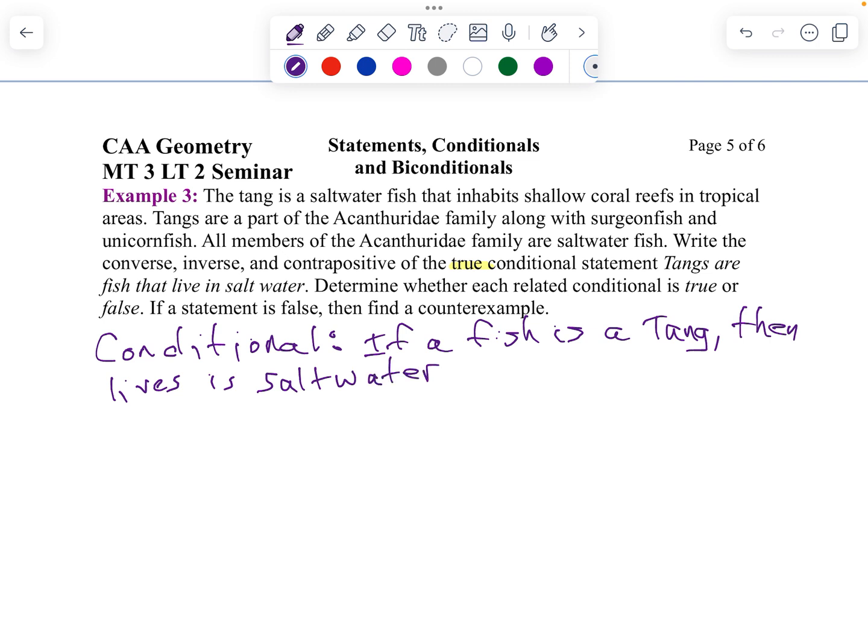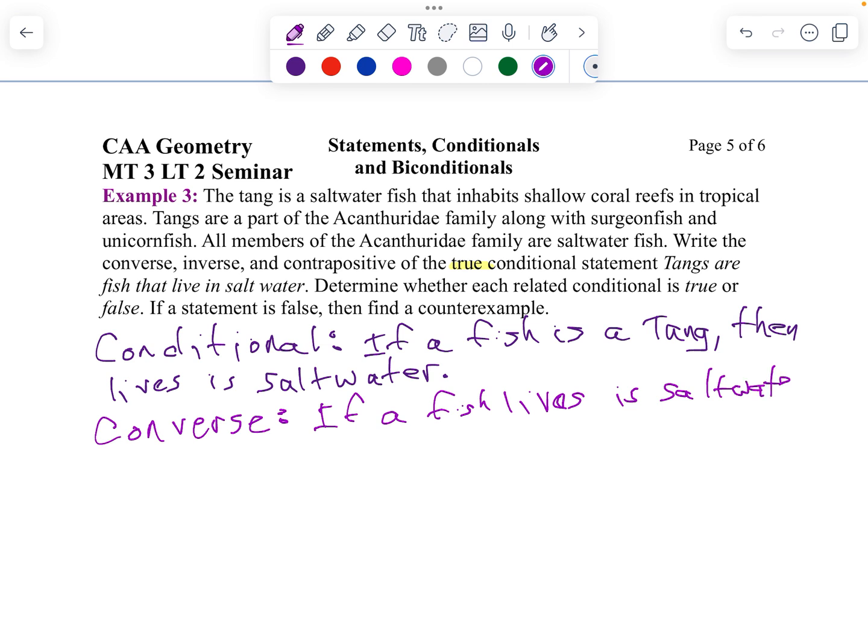Now we're going to turn around and we're going to write the converse. We're just going to flip the hypothesis and the conclusion around. This is how we learn this, is to do it. So we'd say if a fish lives in salt water, then it is a tang.